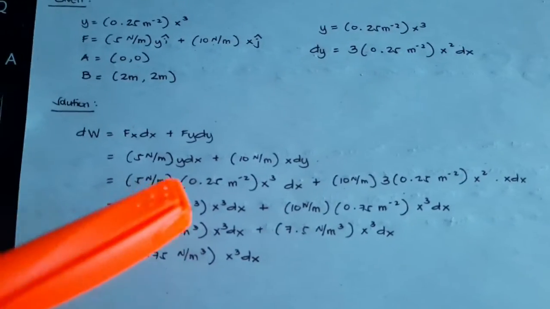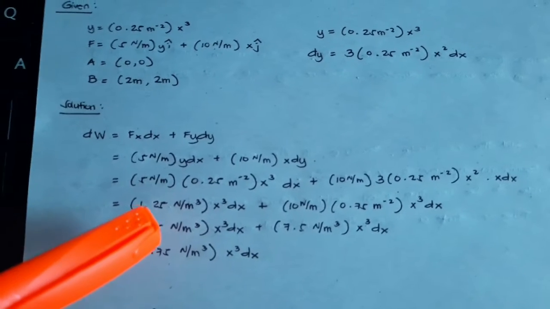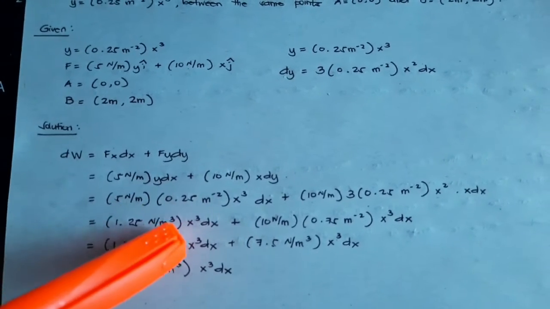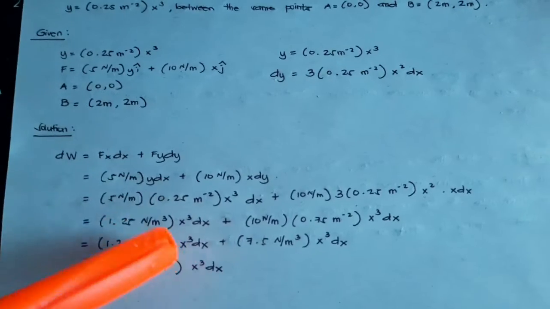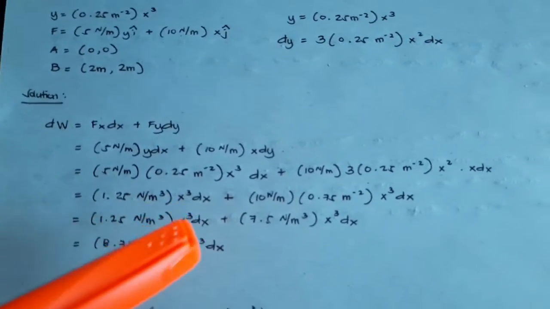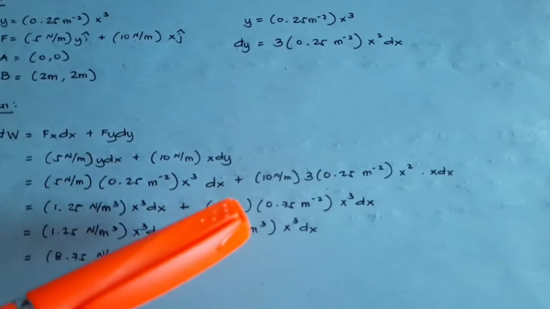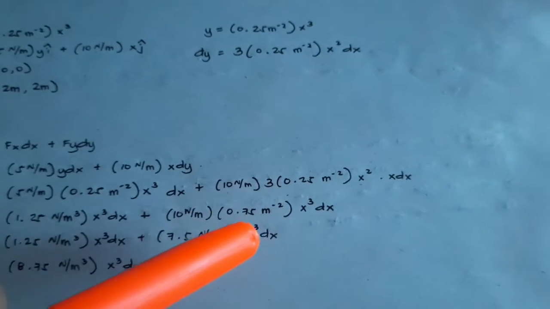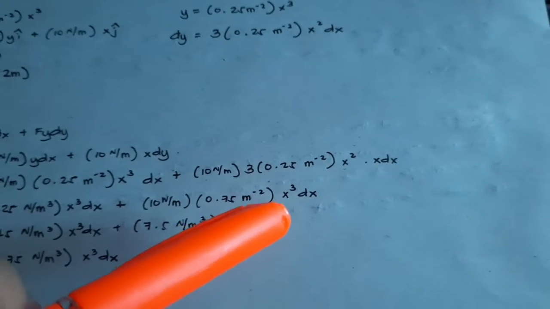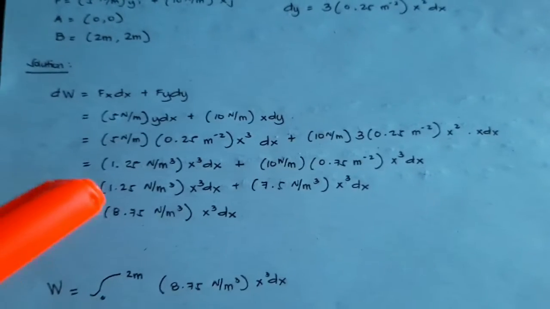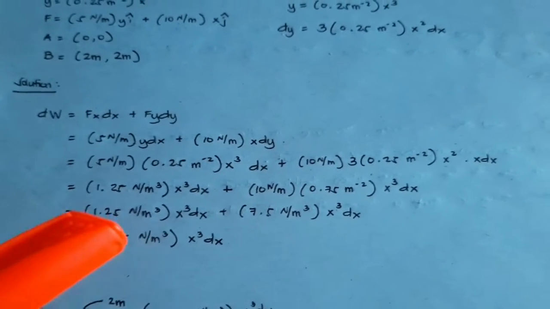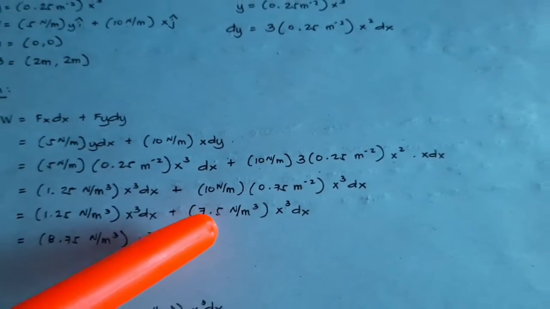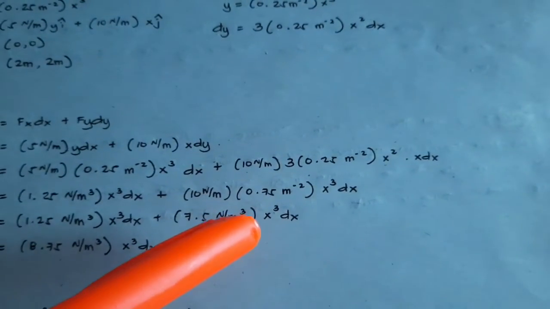So 5 times 0.25 is 1.25 Newton per meter cubed. Multiplying the x terms, the exponents add up to 3, so we get x cubed dx. Plus 10 Newton per meter times 0.75, since 3 times 0.25 is 0.75, meter raised to the negative 2 power times x cubed dx. So 1.25 Newton per meter cubed times x cubed dx plus 10 times 0.75 is equal to 7.5 Newton per meter cubed times x cubed dx.